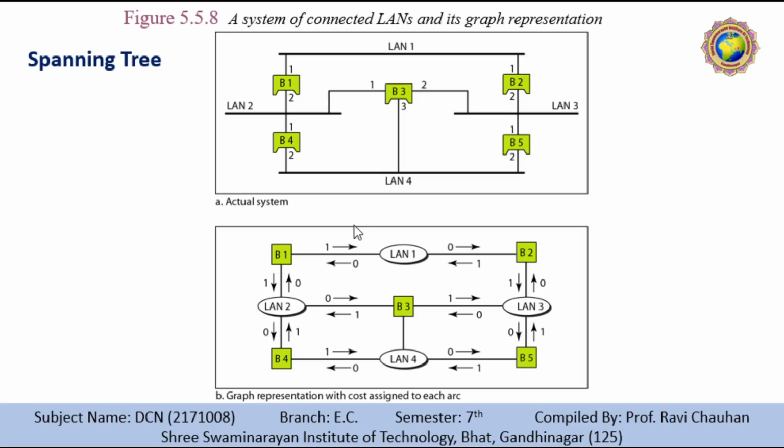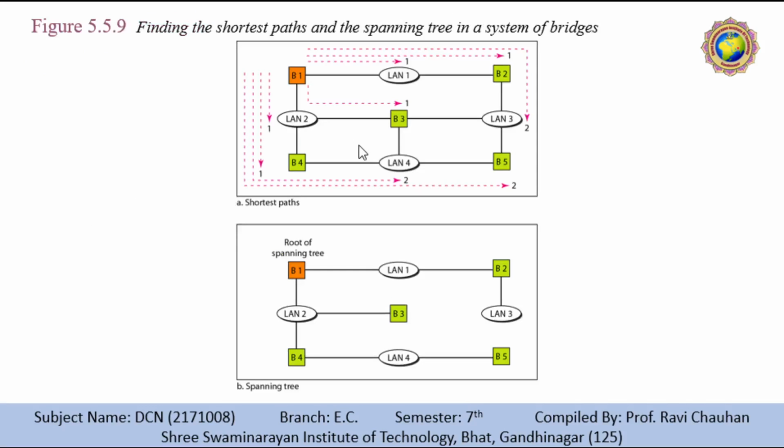The process to find a spanning tree involves 3 steps. First, every bridge has a built-in ID, just like a serial number, which is unique.